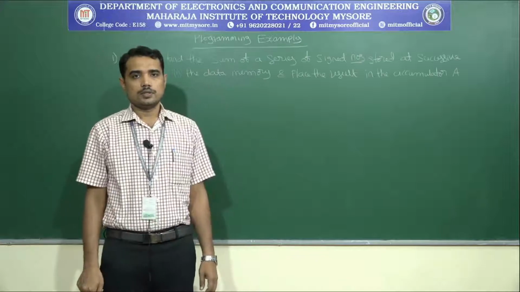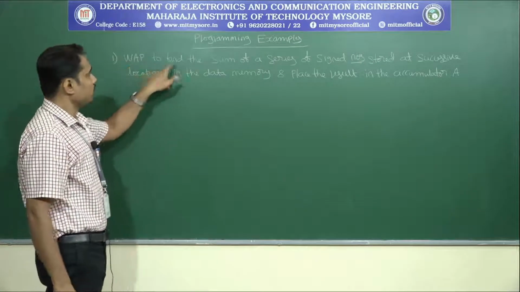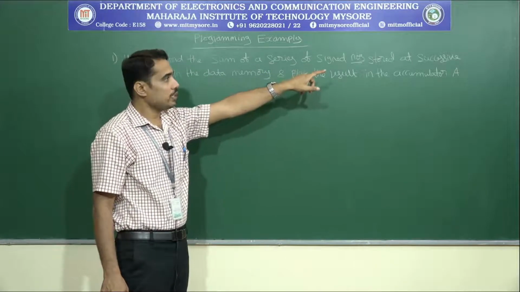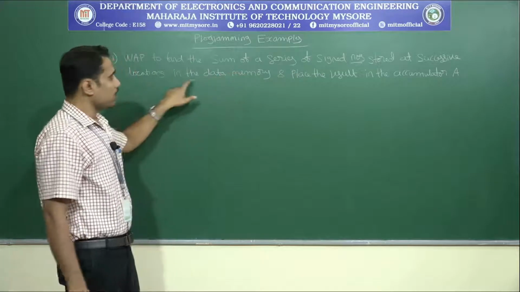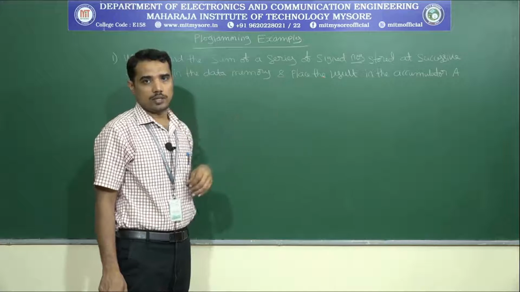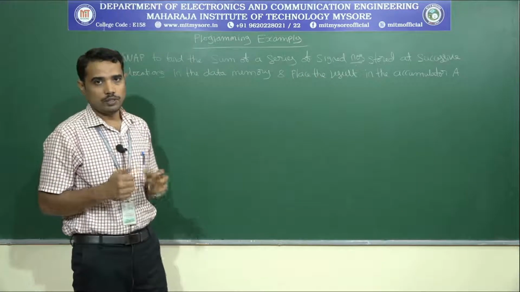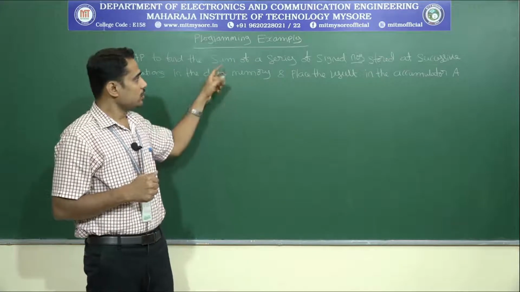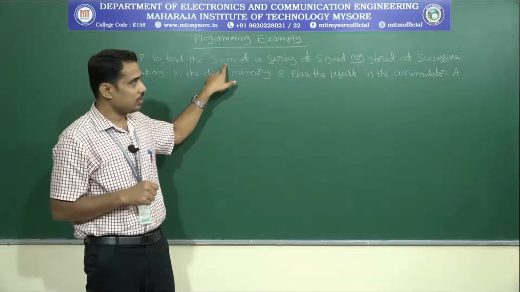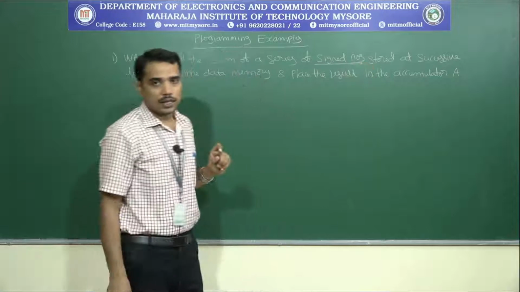The program statement is: write a program to find the sum of a series of signed numbers stored at successive memory locations in the data memory and place the result in the accumulator. Here the aim is to find the sum of a series of numbers, that too signed numbers.